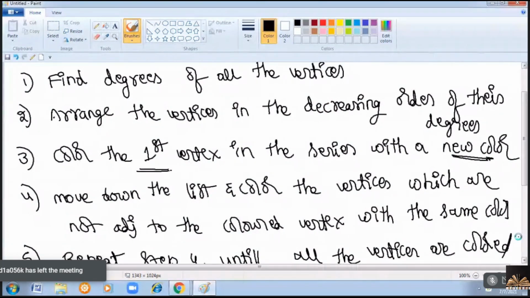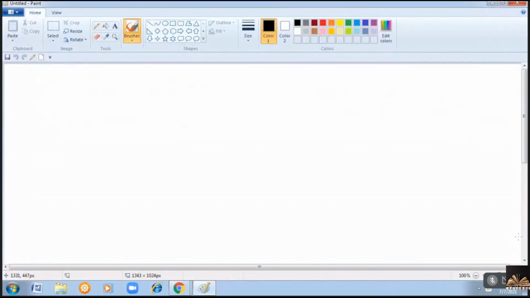Now we'll see one example. All of you take down this graph.